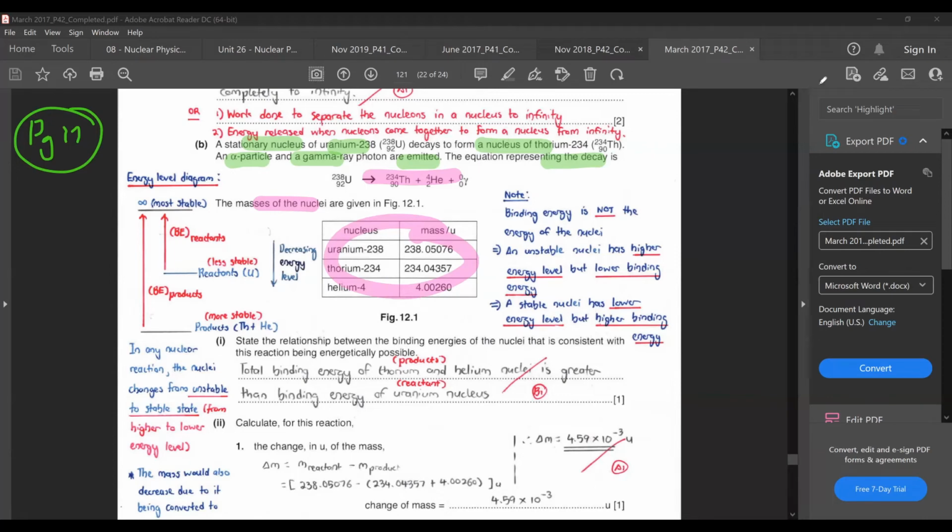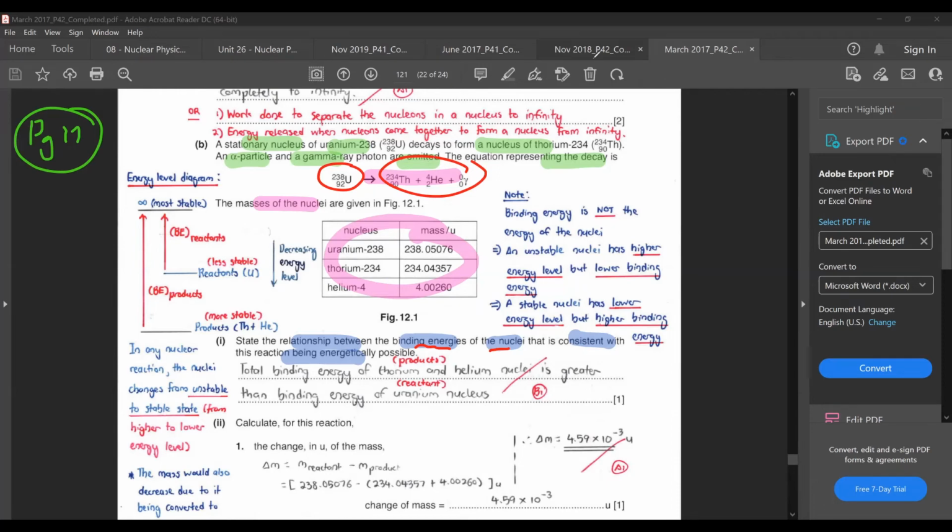The next thing they'll ask you is: state the relationship between the binding energies of nuclei that is consistent with the reaction being energetically possible. You need to make reference to the binding energies of the nuclei involved. What can you say about the binding energy of the nuclei so that the reaction is energetically possible in the first place?